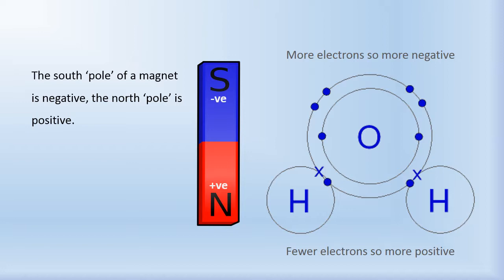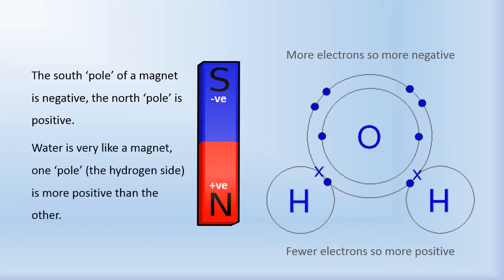So the water molecule acts like a little magnet, the oxygen side being negative compared to the hydrogen side. One pole, the hydrogen side, is more positive than the other. Hence the term, it's a polar molecule.